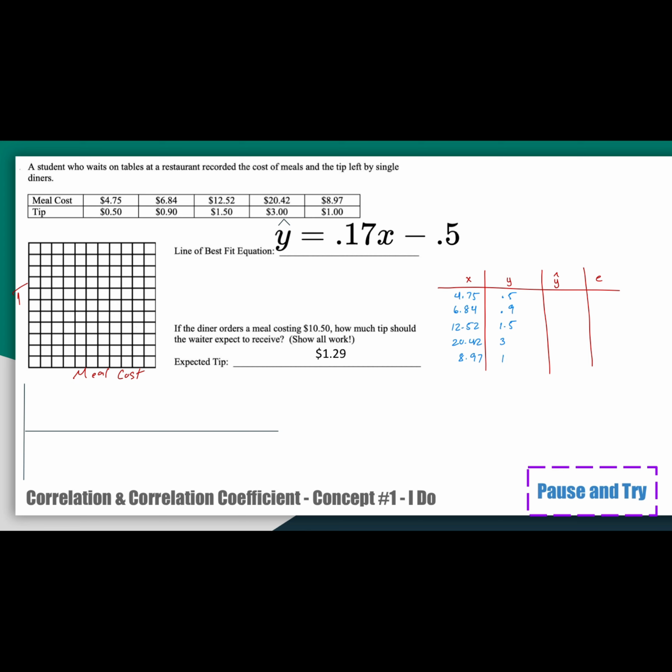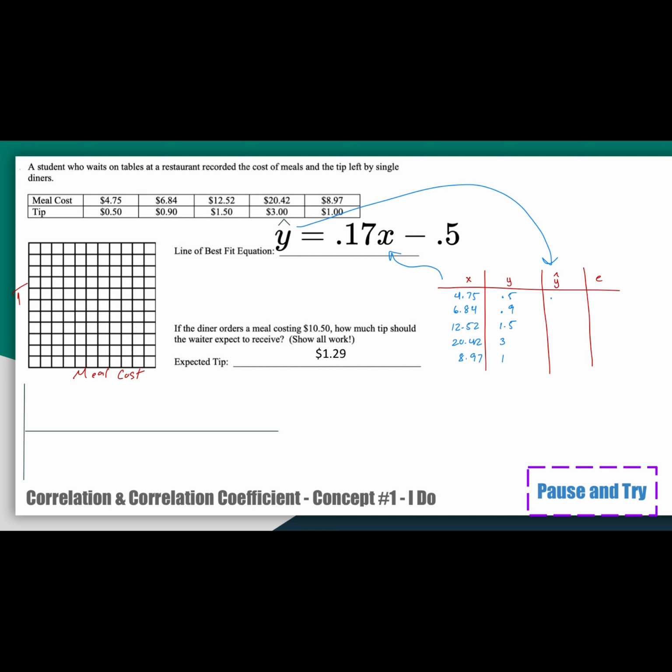And we needed to get our predicted, so I'm going to plug that into my calculator. Remember, we're taking x and plugging it up here, and that y we get out goes there. So that would be 0.17 times 4.75 minus 0.5. Okay.